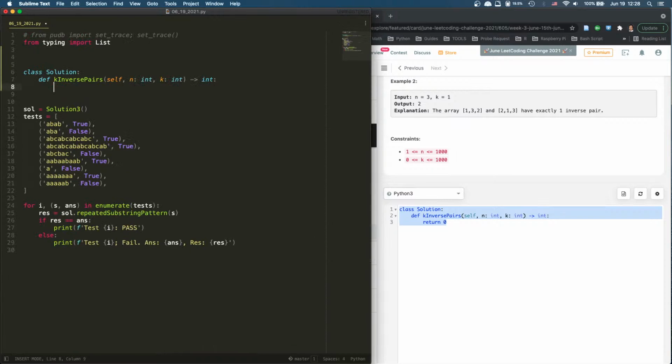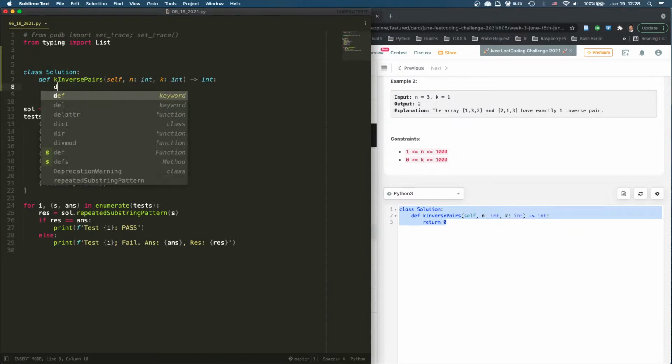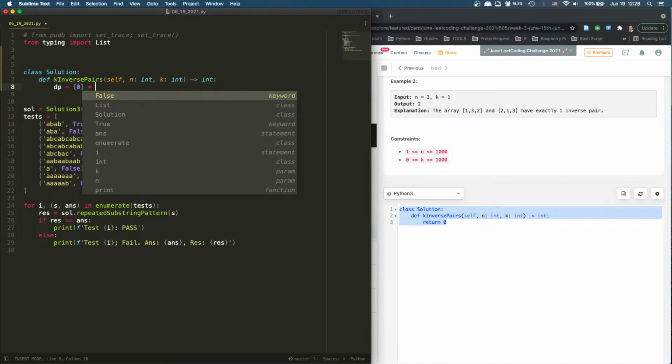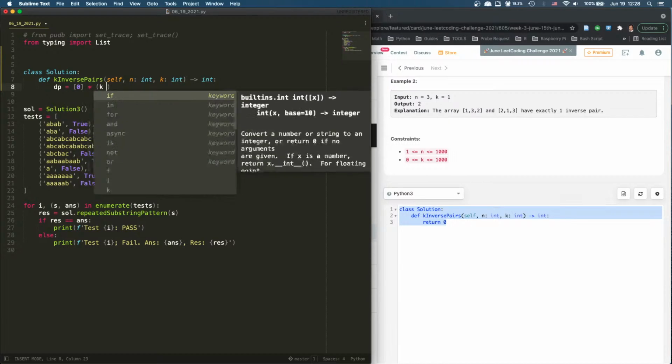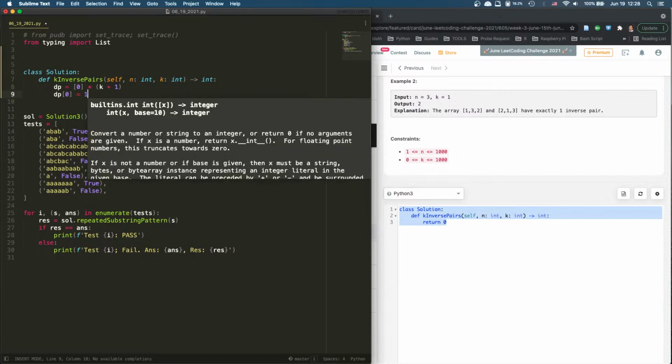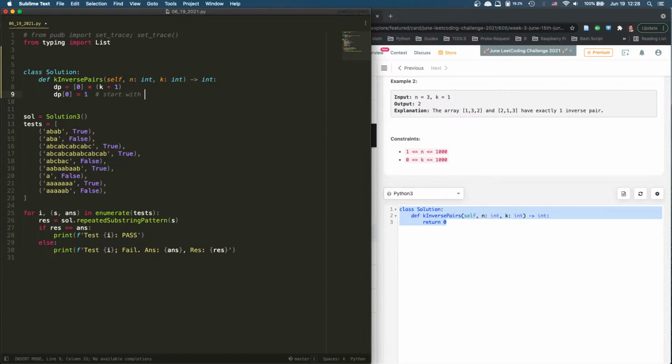Okay, so we're going to say dp is going to be 0 times k. Actually, it's going to be times k plus 1 because we need k, right? And then we can say dp 0 is going to be 1. So we're going to start with n equals 1, all right?